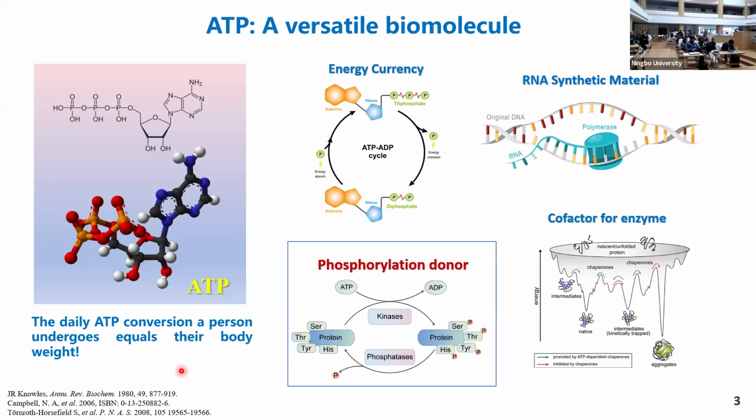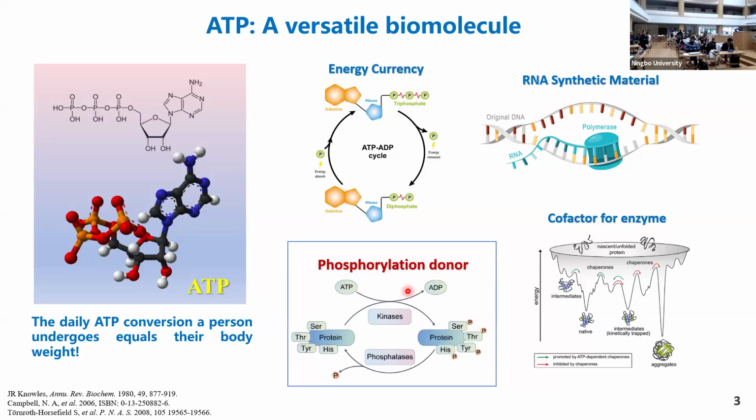Because maybe one of the most well-known functions of ATP is acting as an energy currency, to synthesize proteins, genes, and as an RNA synthetic material and a cofactor for enzymes. Maybe this is not that familiar to you, but I want to focus on the phosphorylation donor.